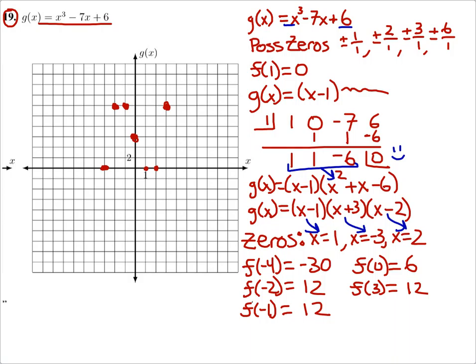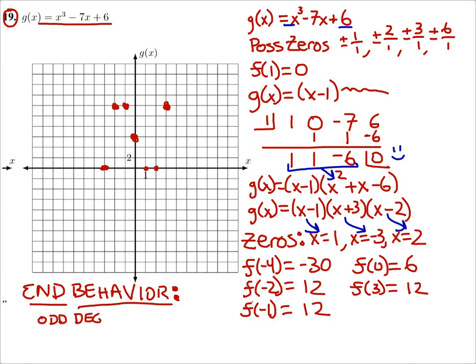Now, before we get all excited and fill it in, I do want to talk about end behavior. So I'm going to make a little note at the bottom. Now, when you're doing this on the test or whatnot, you don't necessarily have to show all this stuff, but since you were watching, I thought I'd make sure we talked about it. It is an odd degree polynomial, right? Because it's to the third power. So it's an odd degree polynomial, and it has a positive leading coefficient.